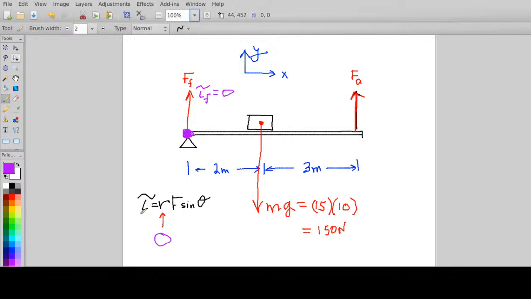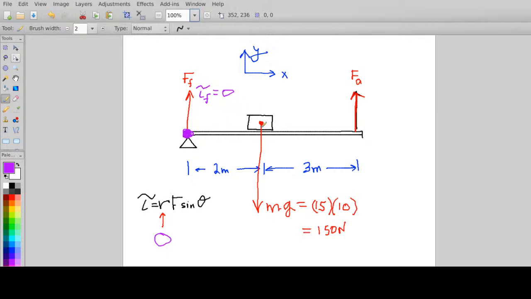Because that R is 0, because the force is acting right where the axis is. So you're asking the question, how far is the force acting from the axis? 0. Well, if the force is acting at distance 0 from the axis, then R is 0, and so then that torque is 0. And that makes one of the unknowns go away. You'll see that in a second.